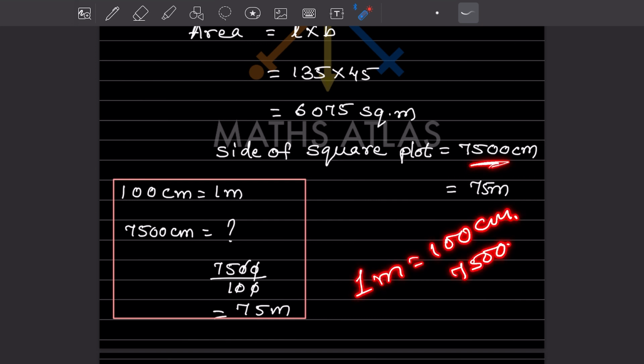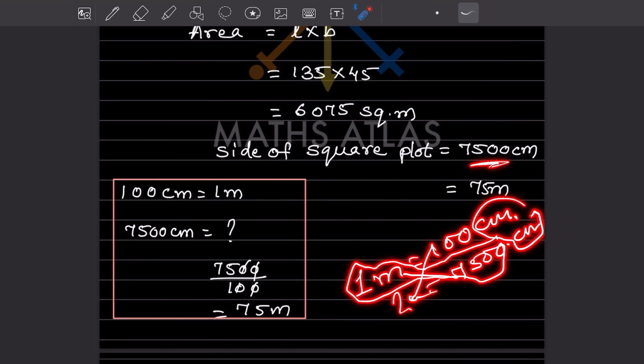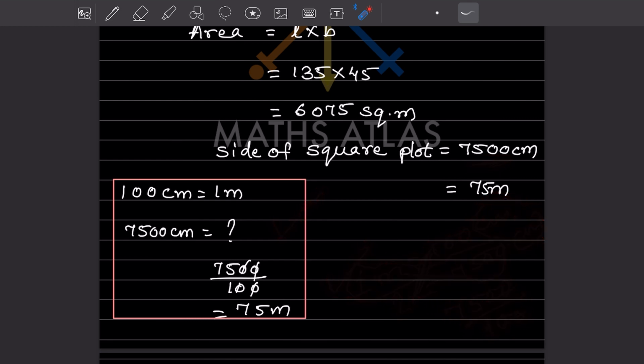Why? Because this is in centimeter. See here, when you put a cross multiplication, as I told you, the two numbers that are together are going to go in the numerator, and at this line, there is only one number that is going to go in the denominator. That is very important. So both ways you can write and you get 75. So follow this method or this method, whichever you feel is easy.